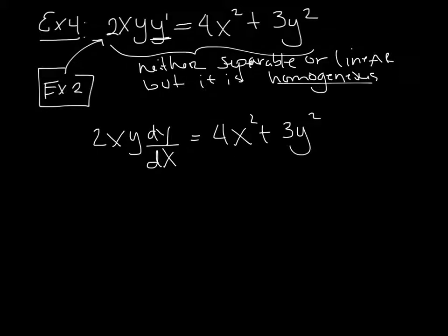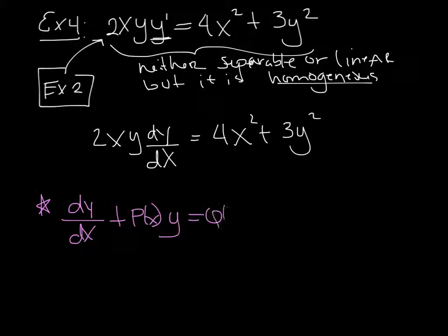And in Bernoulli's equation, let's go ahead and just write that down. We have dy/dx plus p of x times y equals q of x times y raised to the n power.